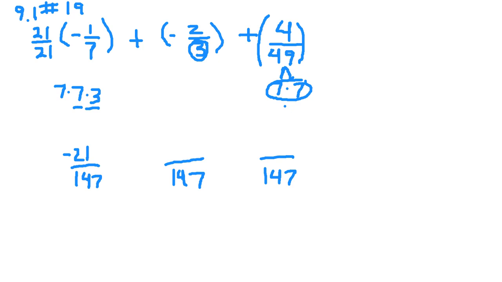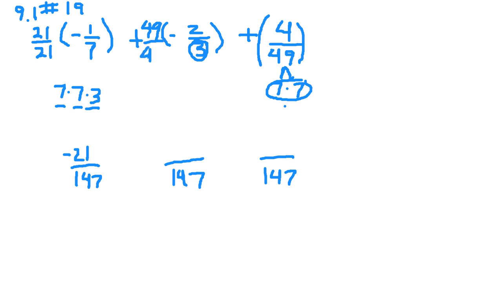Okay, and then on the negative 2/3, the 3 is already there, but there's no 7s. So we're going to have to take this one times 49 over 49. Or using your method, I think your method would have been taking 147 divided by 3 to get 49.